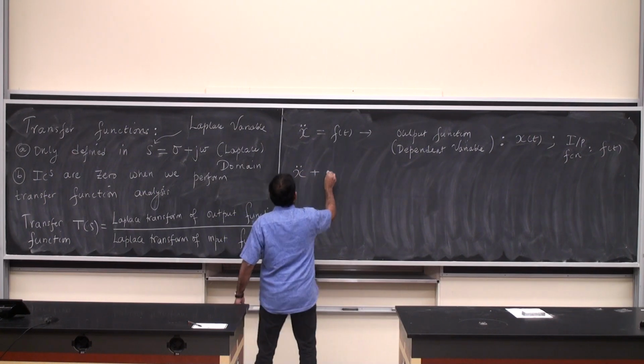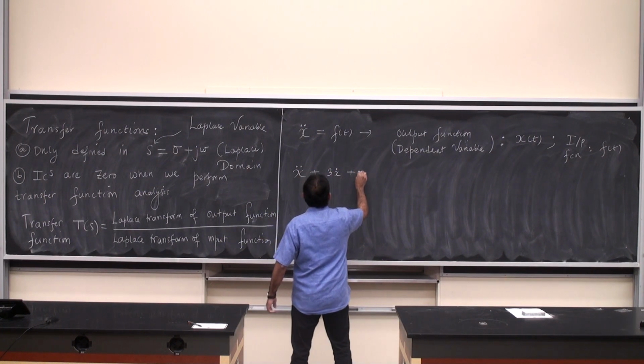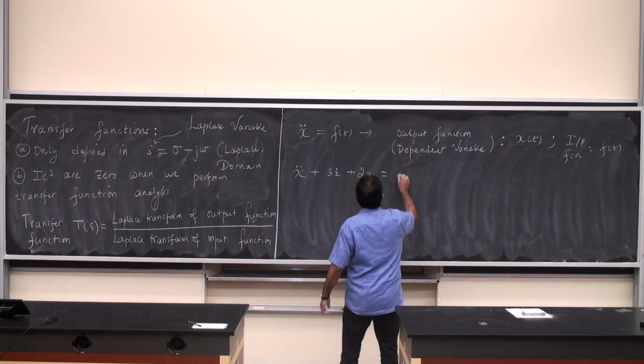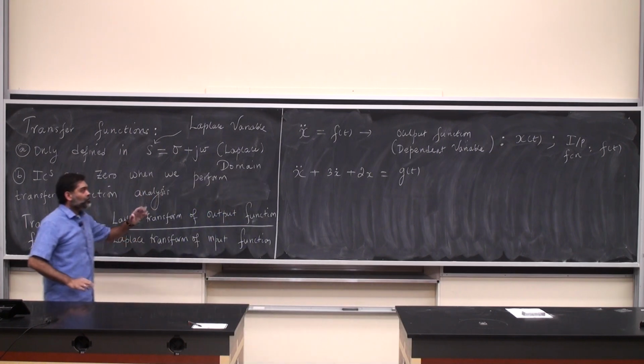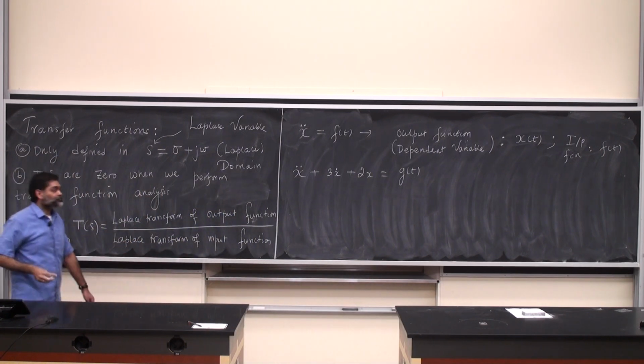x double dot plus 3x dot plus 2x is equal to some g of t. Obtain the system transfer function.